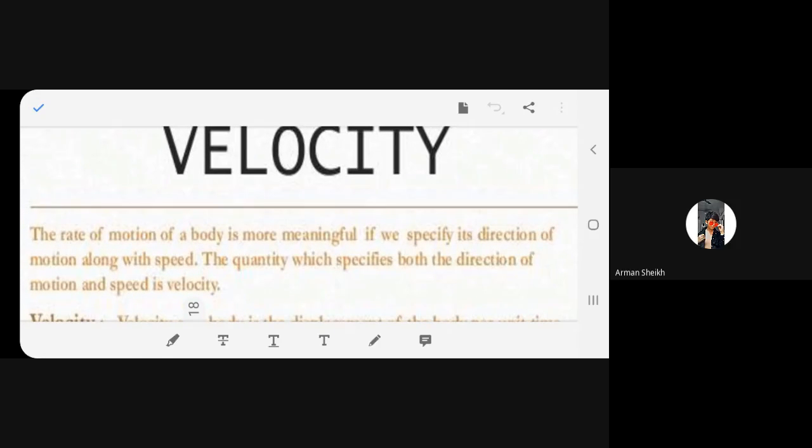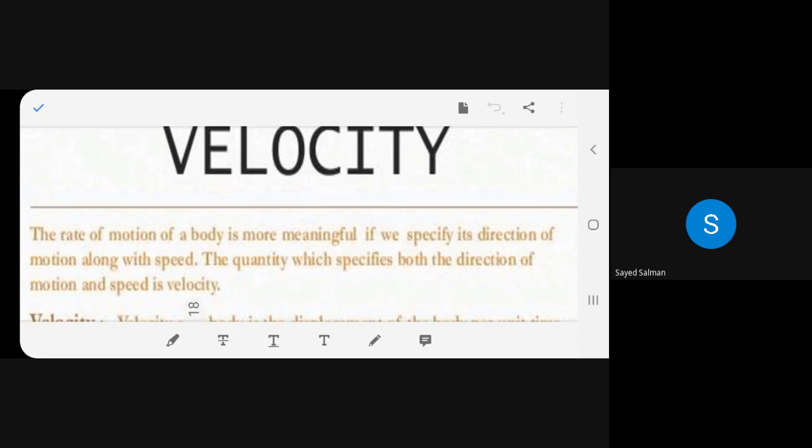Velocity. The rate of motion of a body is more meaningful if we specify its direction of motion along with speed. The quantity which specifies both the direction of motion and speed is velocity.